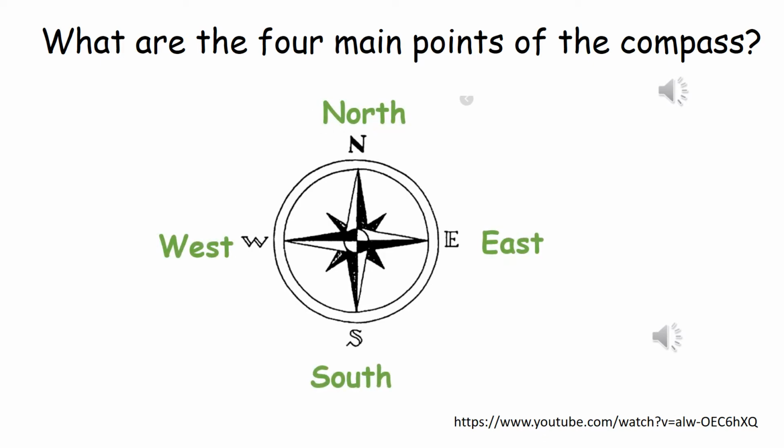So hopefully you've got N is for north, E is for east, S is for south, and W is for west. 4 main directions we need to know about when taking directions.